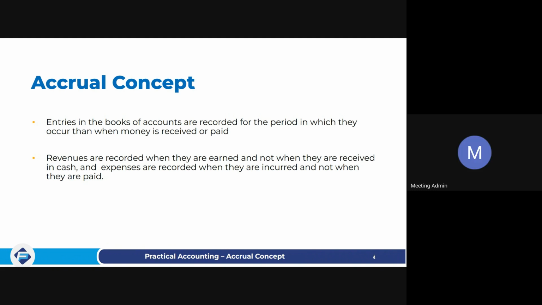So examples: electricity bill, rent, newspaper bill, and water bill. All these will be known as accrual concept, accrual based. Because first we get a benefit, later we make a payment. So revenues are recorded when they are earned, not when they are received in cash, and expenses are recorded when they are incurred, not when they are paid. Okay, so this is about the thing.